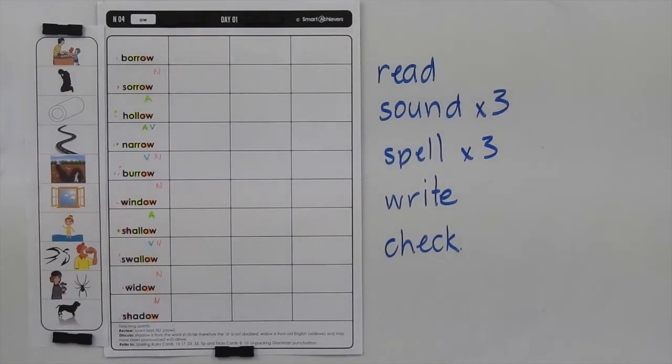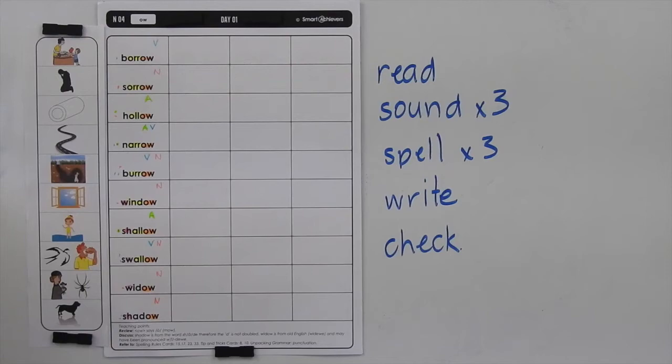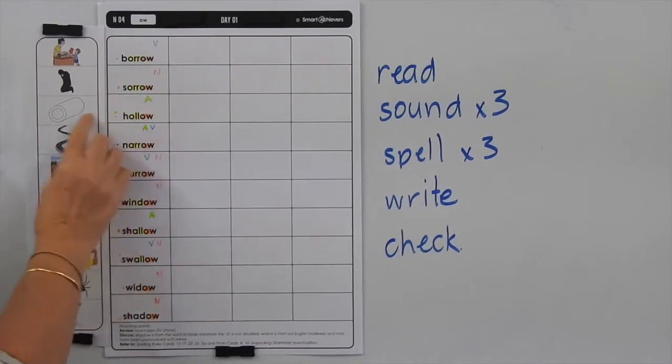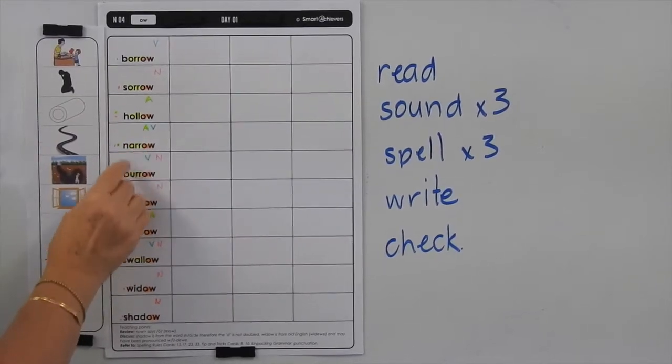Okay, so borrow is something when you take or you loan something from someone else. Actually, that would be a verb too. So we should have put a little v there as well. Sorrow is when you feel sad. Hollow is when something has nothing through the centre of it. Narrow means it's not very wide.